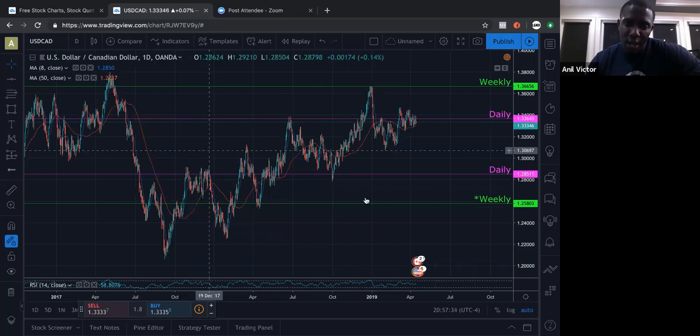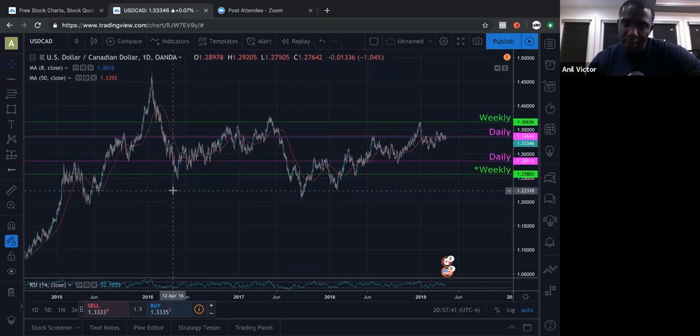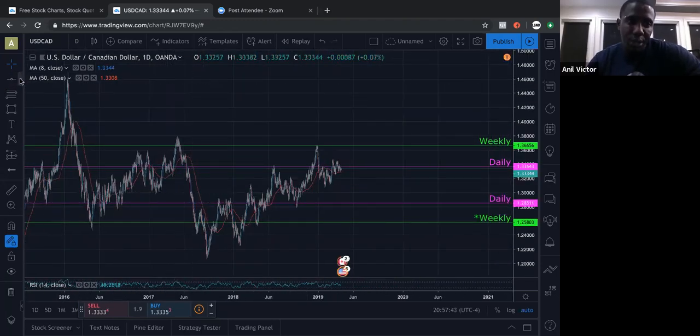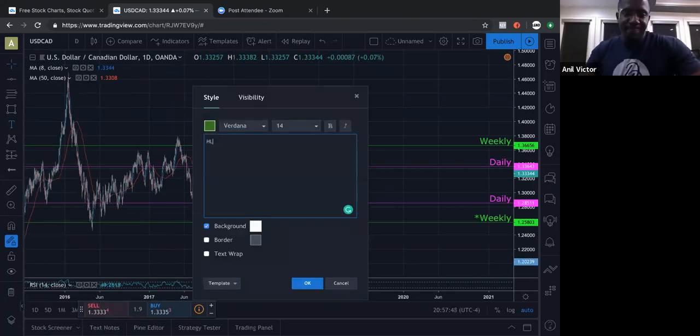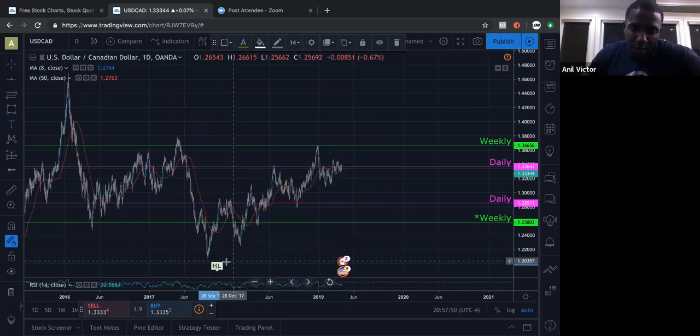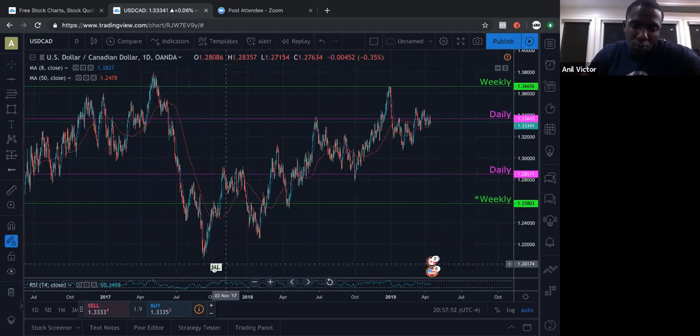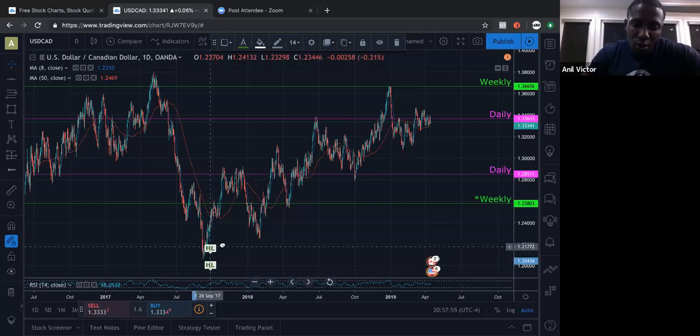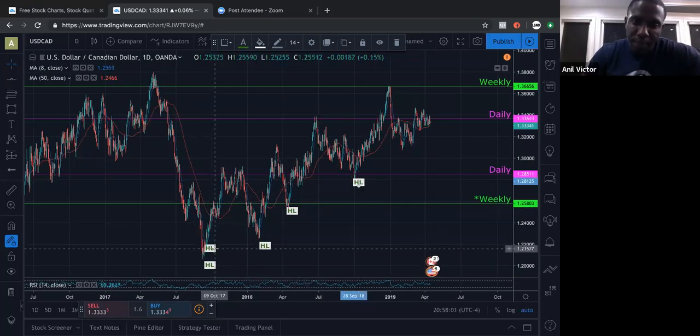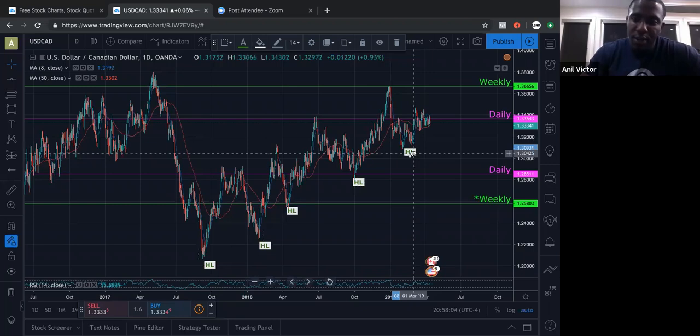All right, so we know that we got our weeklies, we got our dailies, and we know that price is doing what right now? Price is uptrending. How do we know this? Because of this. We got us a higher low, another one, another one, another one, and we'll leave that area as consolidation.